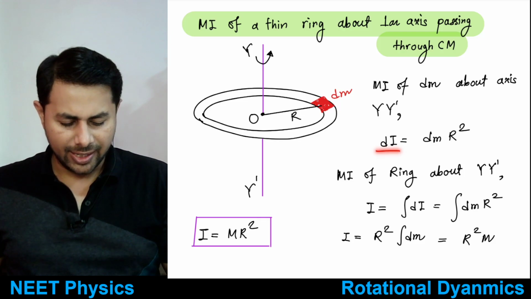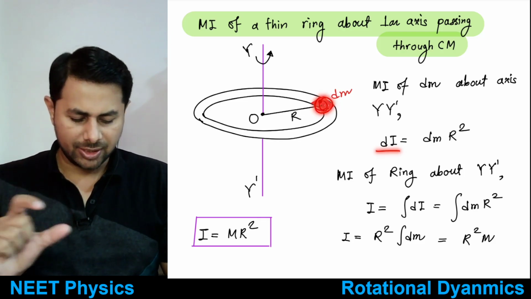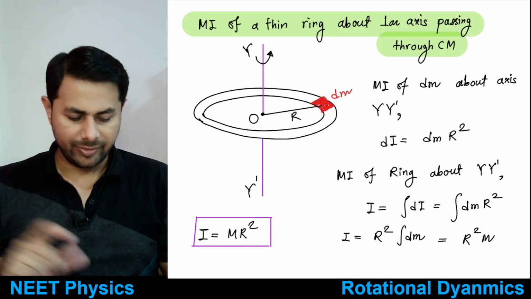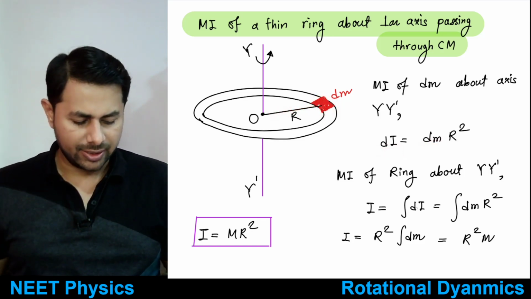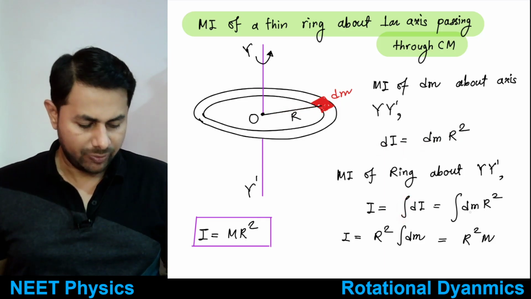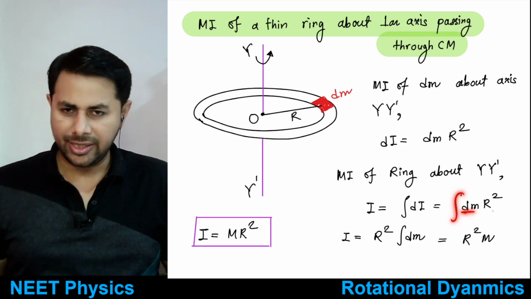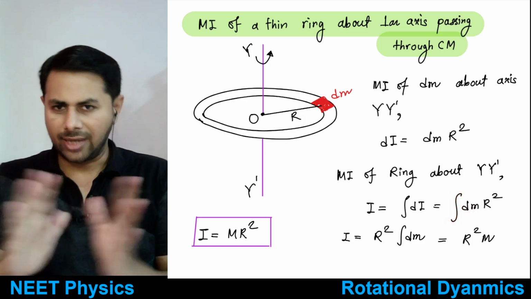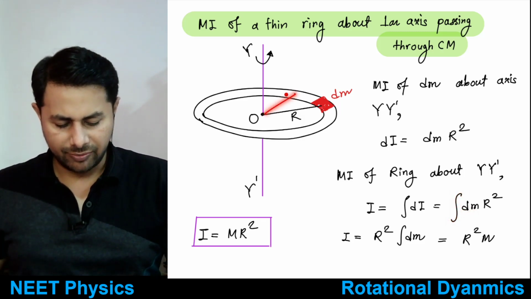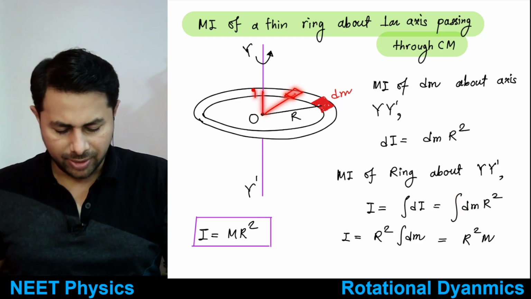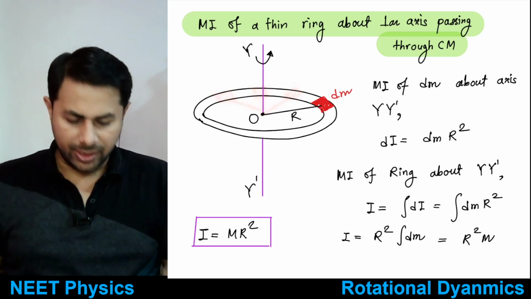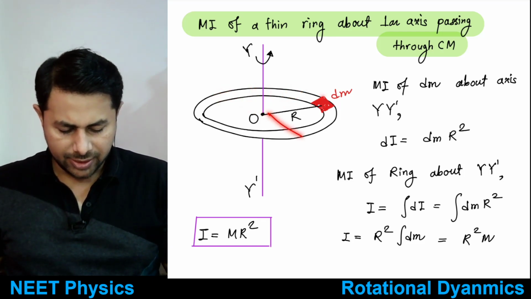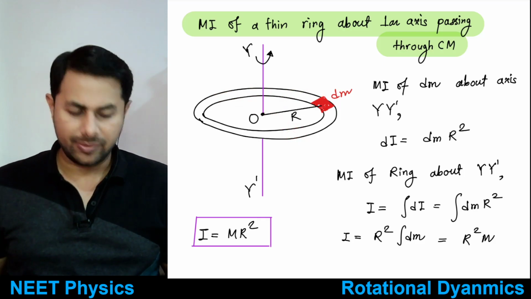So what is dI? It is the moment of inertia of this much mass, dm. It is dm multiplied by r square. Now if you integrate dI, what do you get? It's the integration of dm times r square. You can move r square outside because r is equal. Wherever you take that small piece of the ring having mass dm, its distance from the axis is equal, right?